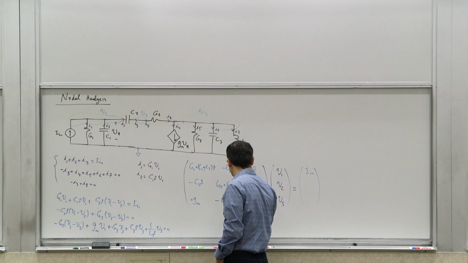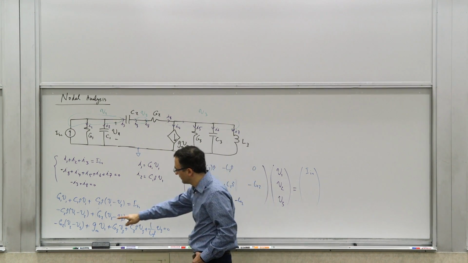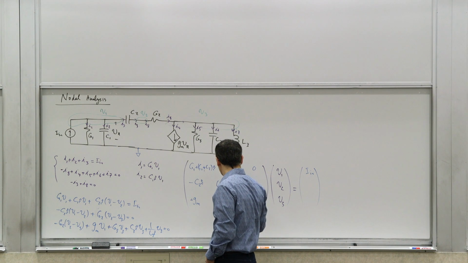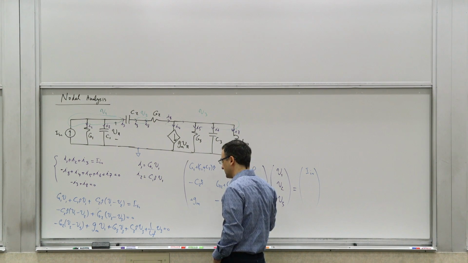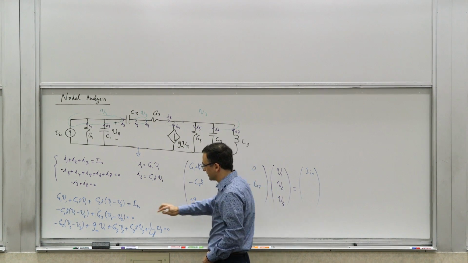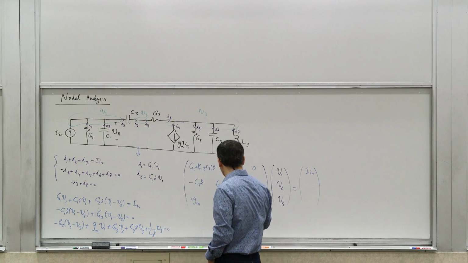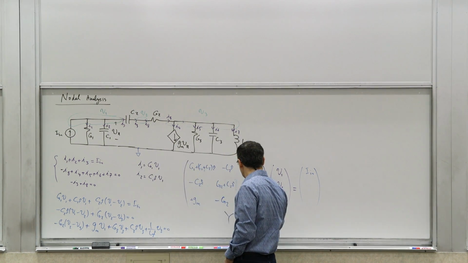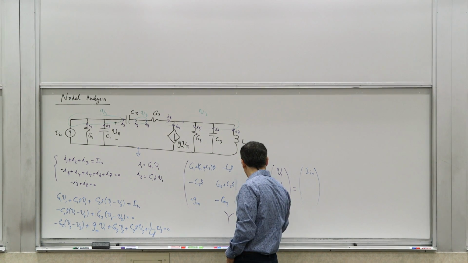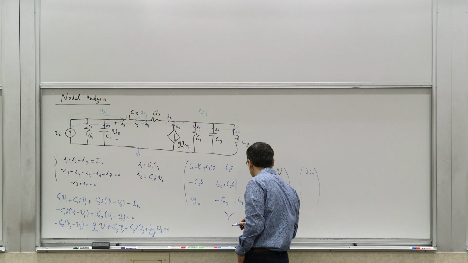So you get negative G2 from this one. You get positive G2 because this is negative times negative. G2 plus G3 plus C3S plus 1 over L3S.